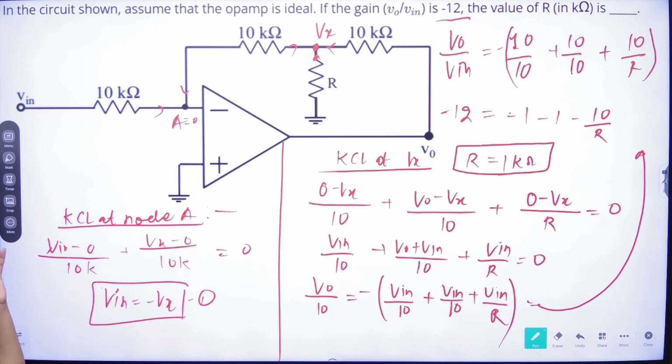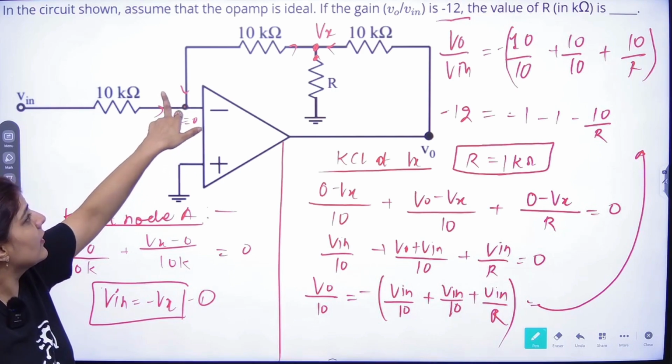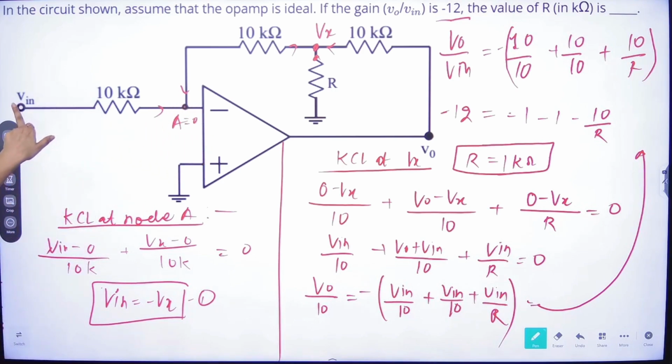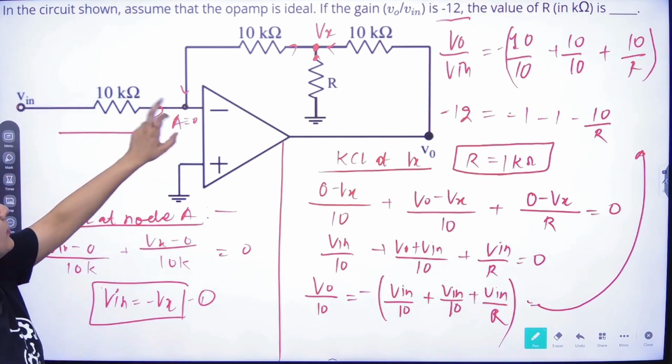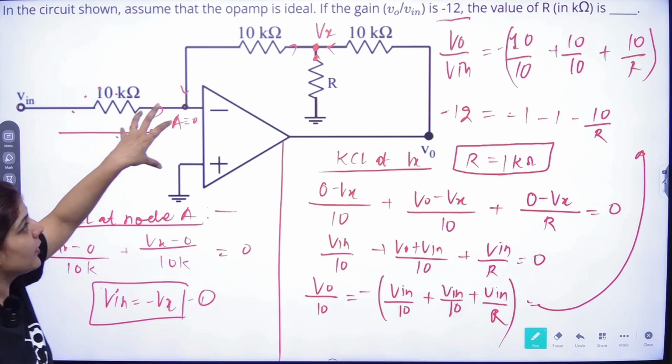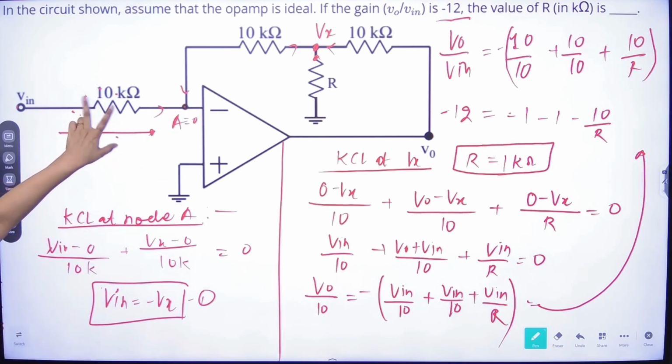You have to just have a strong hold on your concepts of KVL, and not even KVL, only KCL. How do we apply KCL? Just take one node and take all the currents incoming, and you just take the direction for the incoming current. So this is the voltage, this is the voltage, this is the resistance in between. Suppose there are multiple components, one resistor, two resistors, one inductor, one capacitor given.